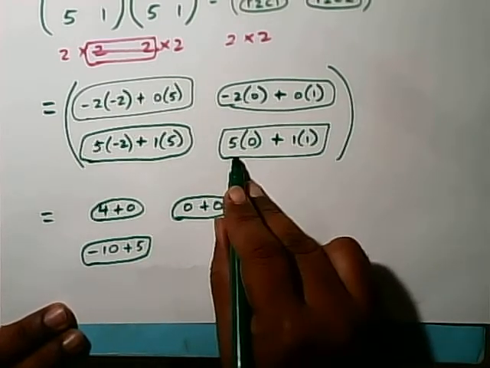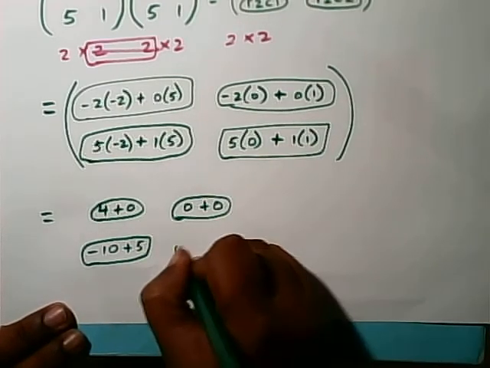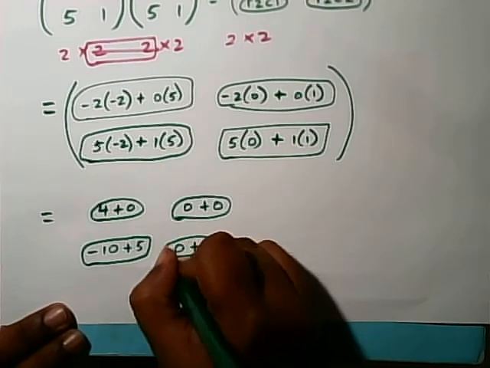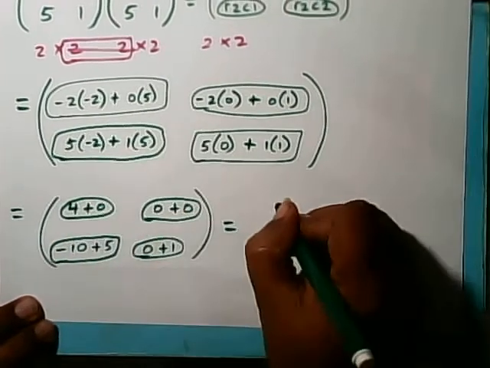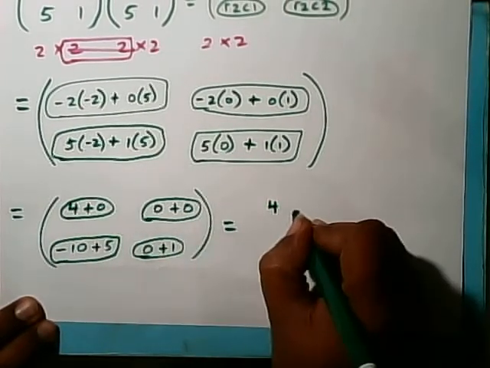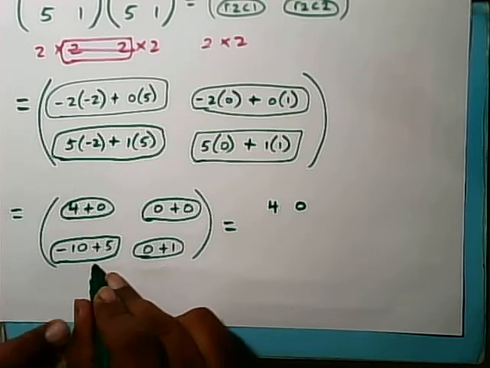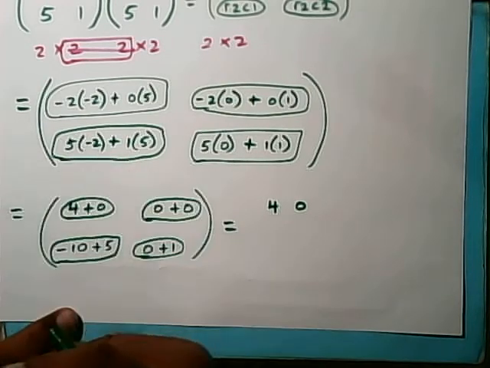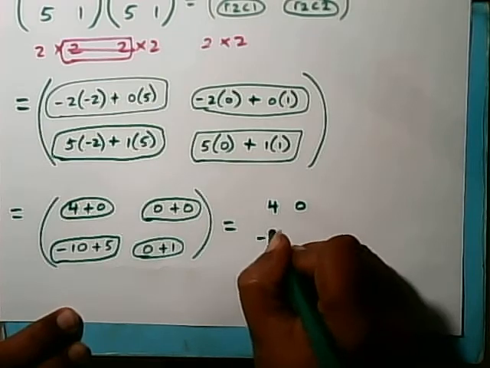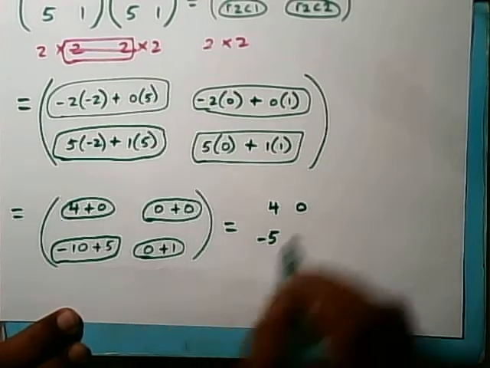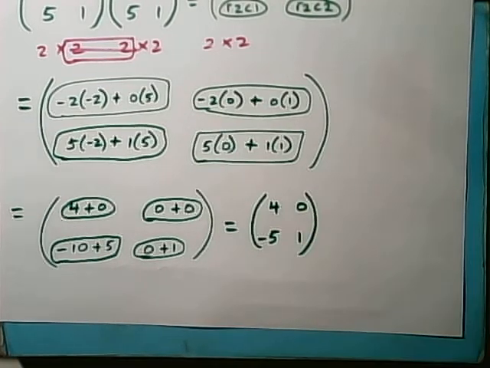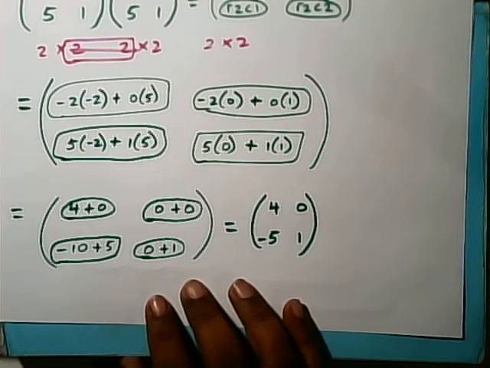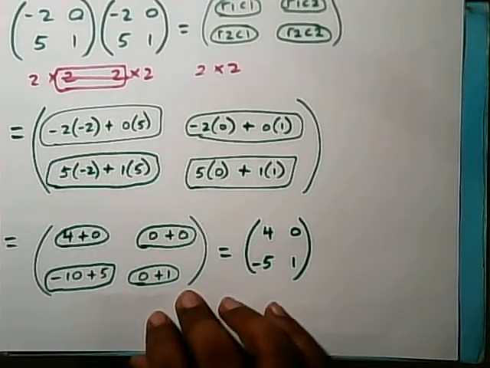Last one, 0 plus 1. Four plus 0 is 4. 0 and 0 is 0. Minus 10 plus 5. You go down 10, but then go up 5. 0 add 1 is 1. That's your answer. Moving on.